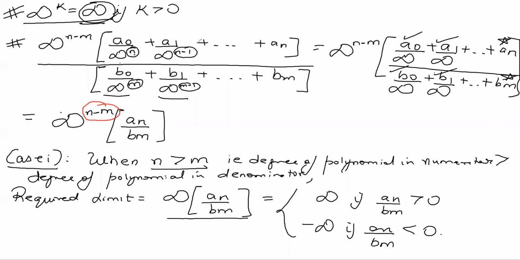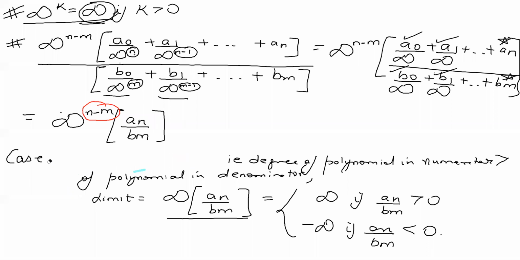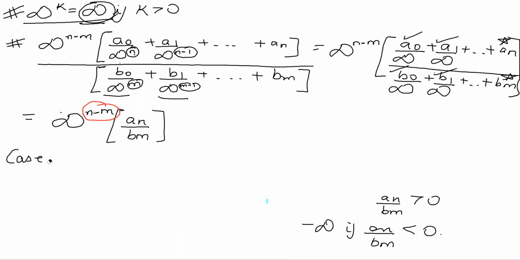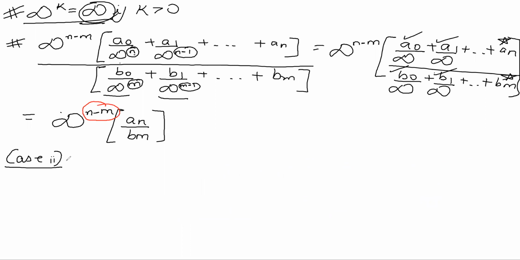So I am erasing case 1 and I am doing case 2 now. Okay. So let's look at case 2. Case 2 is as follows. When n is less than m.